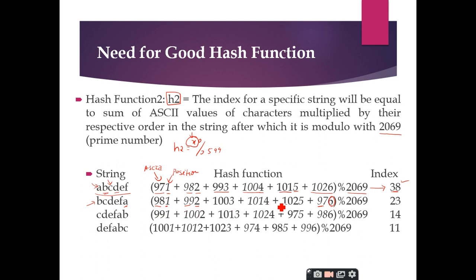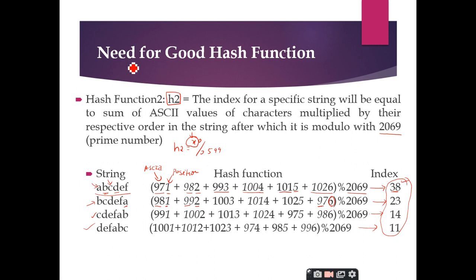So if I combine all these values and apply modulo with the size 2069, I get the index number as 23. And similarly if I take this string, I get the index number as 14, and for this I am getting the index number as 11. So I get different keys for all these 4 strings.